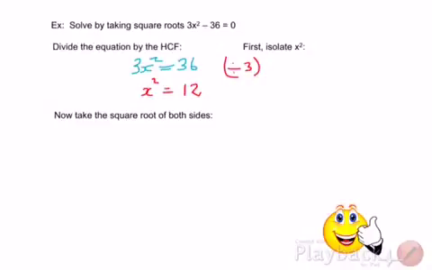Now I can take the square root of both sides. So x is going to be equal to plus or minus the square root of 12. So I've got two solutions for my x. Again, I've got two real solutions.